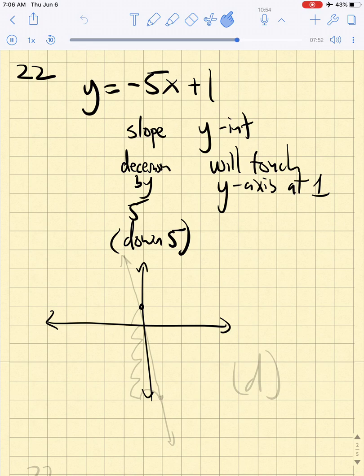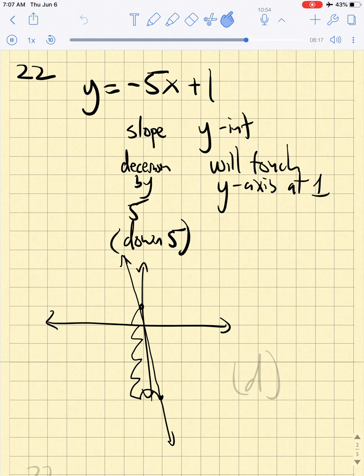This is a -5 slope, so that means I go down 5. 1, 2, 3, 4, 5, and I go to the right 1 unit, and then I can make the graph. So it's a very steep decreasing line for 22.